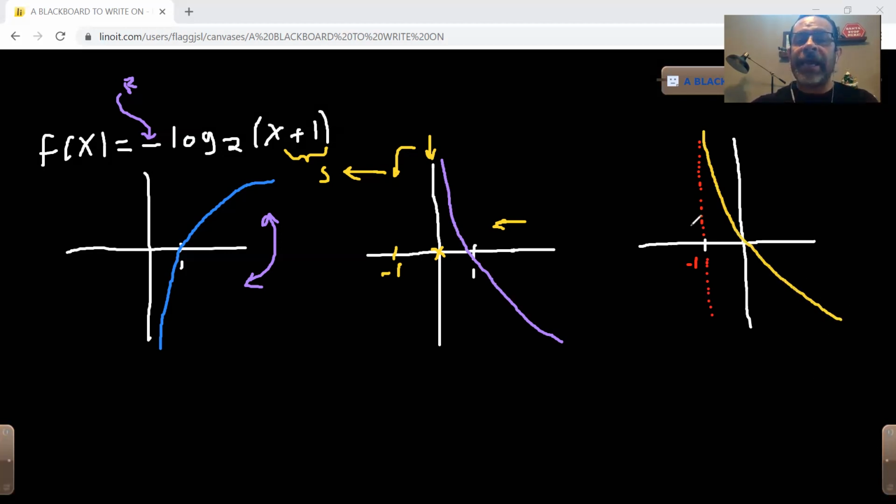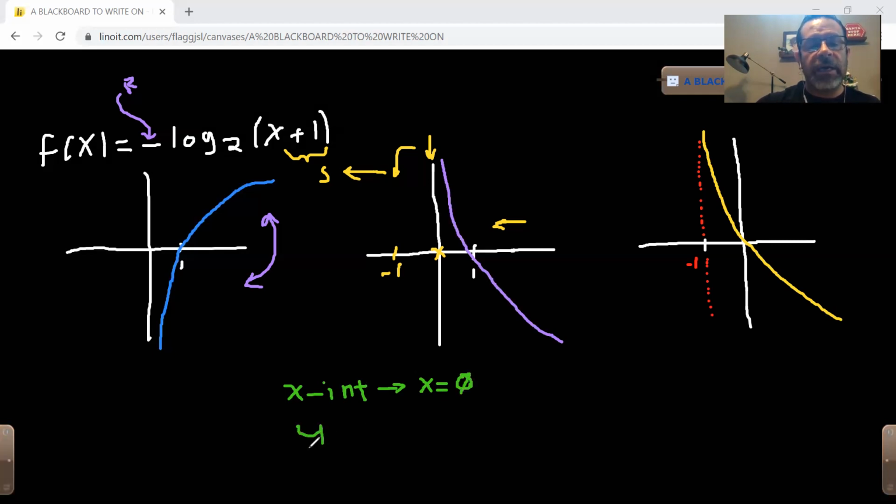And remember what we talked about previously, the x and y intercepts. Remember those? The x-intercept was at x equals 0.